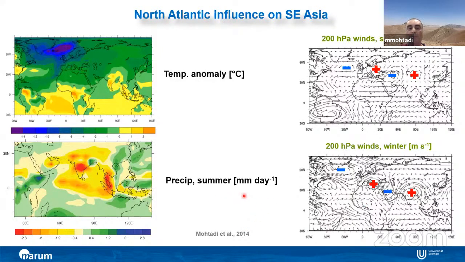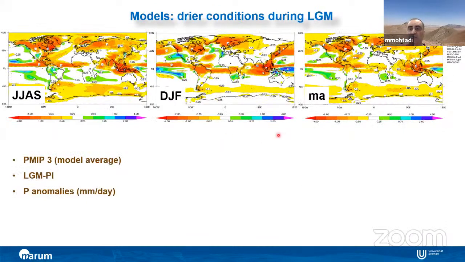Right or wrong, I'm not touching much on these abrupt climate changes, just going back to the glacial-interglacial variability. So the LGM, the last glacial maximum, looks like this in most of the models.